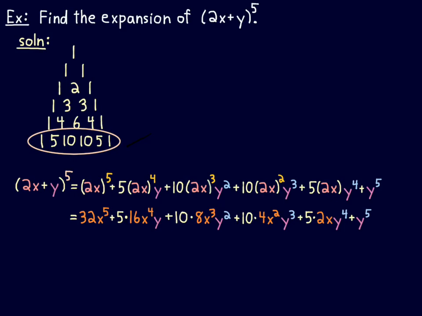And then I'm going to combine those with the binomial coefficients. The binomial coefficients are just the ones in yellow. So they're 1, 5, 10, 10, 5, 1, with, of course, the ones I didn't write down. But the actual coefficient of the expansion can be, as you can see, very different from the binomial.